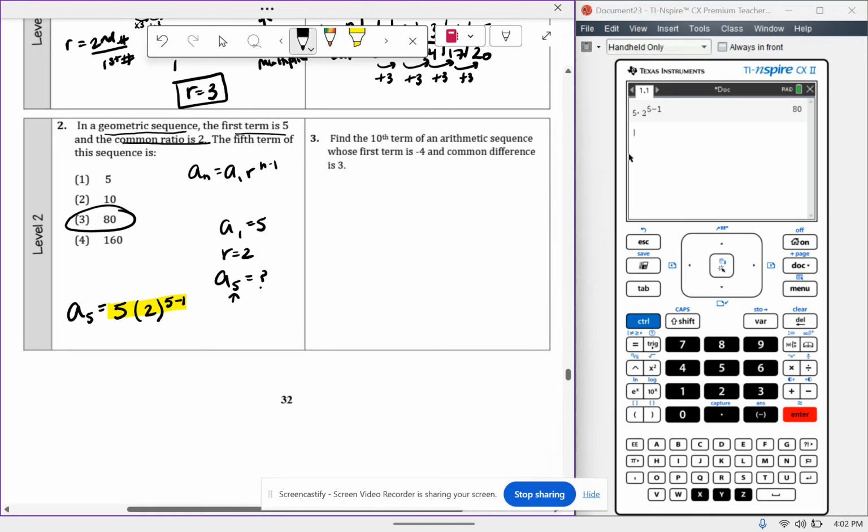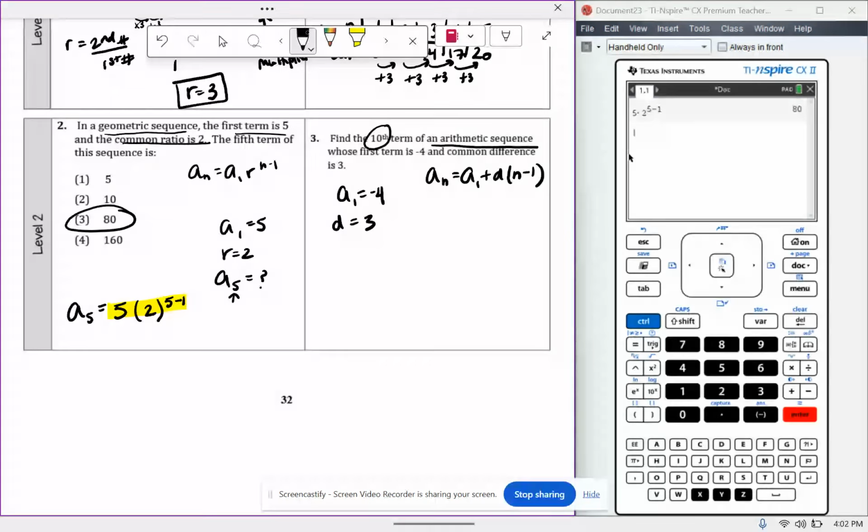Question 3, it says find the 10th term of an arithmetic sequence. Arithmetic means I'm using this formula, whose first term is -4 and whose common difference is 3. And I'm trying to find the 10th term, therefore N equals 10.